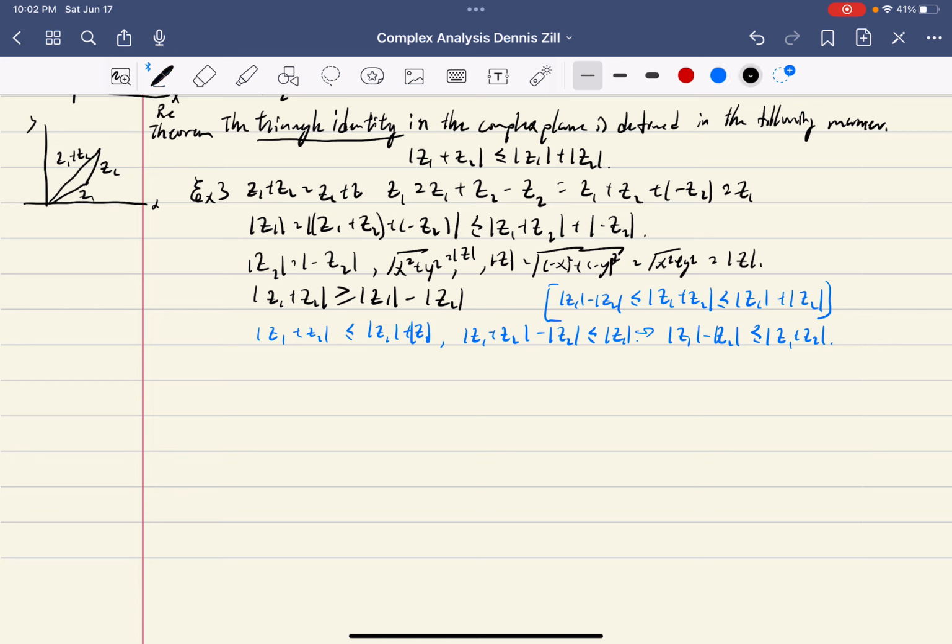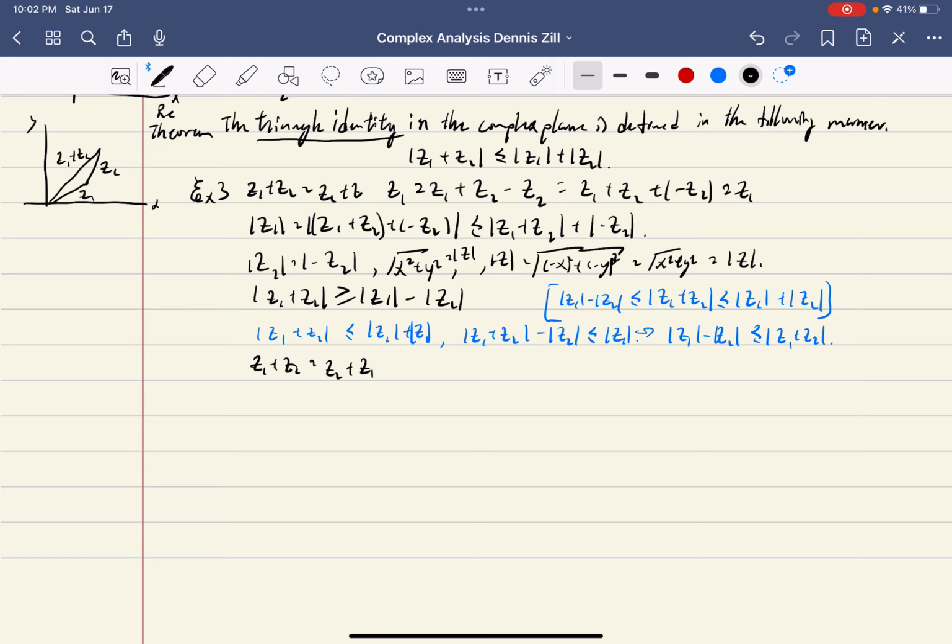And then now let's move on. Right, let's move on to the next one. We know that this is true by one of our additive properties, right?